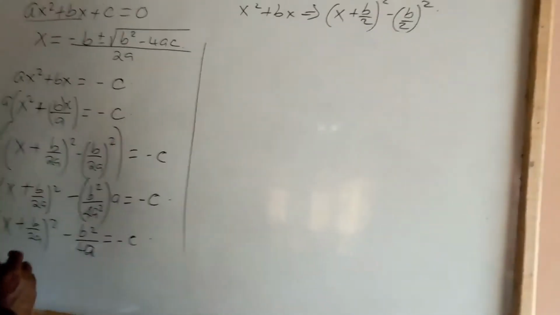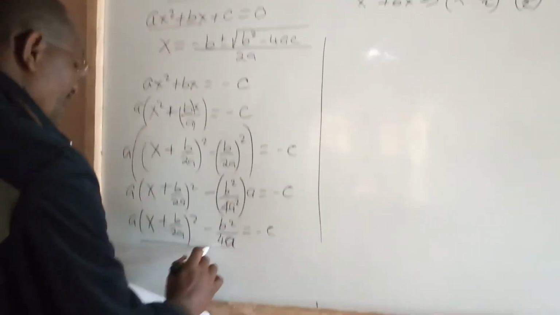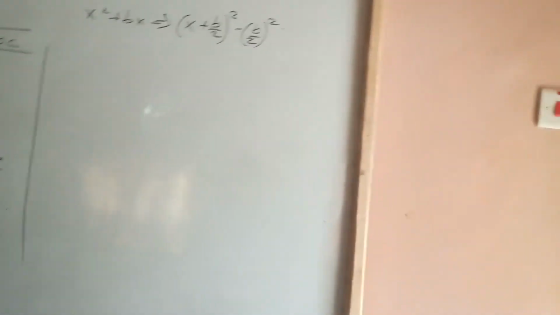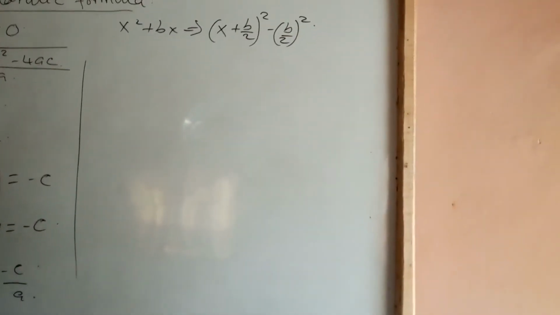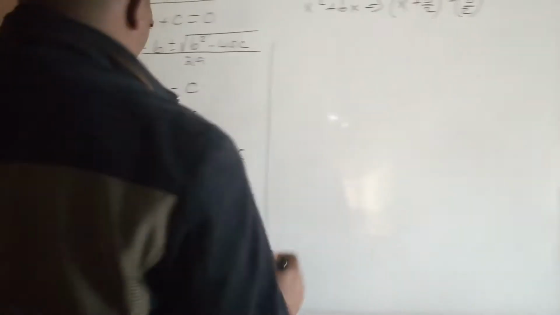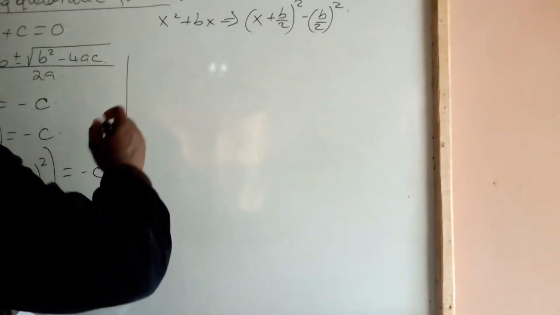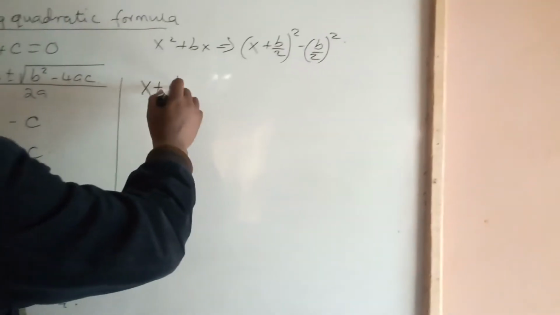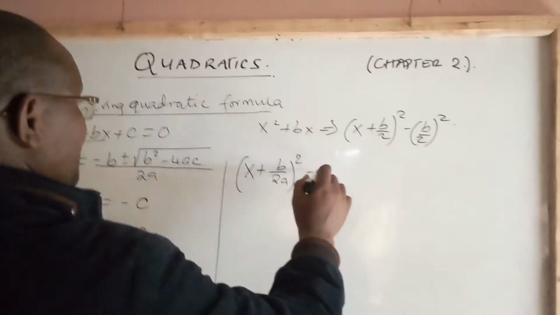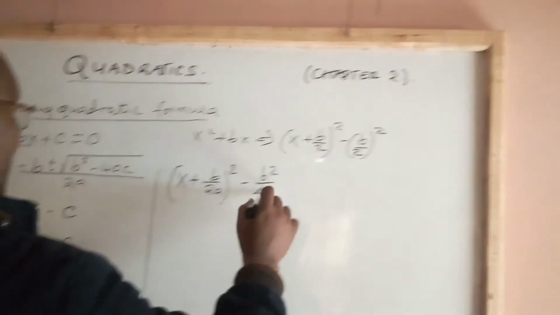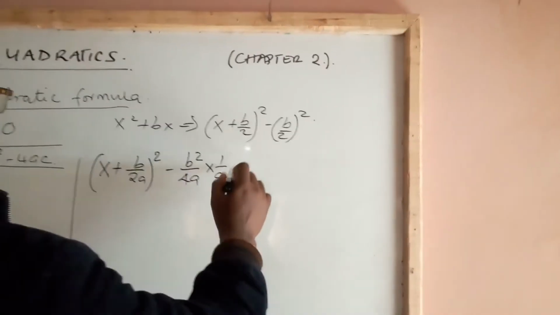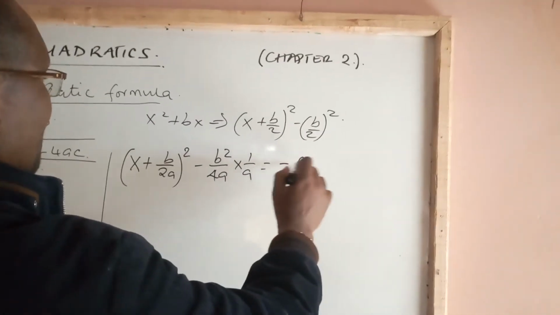Fine, if you divide everything at this particular point by a on both sides, you are going to have something that looks like x plus b over 2a, of course continuing to be squared, minus b squared over 4a divided by a, which means 1 times 1 over a, equals minus c over a.